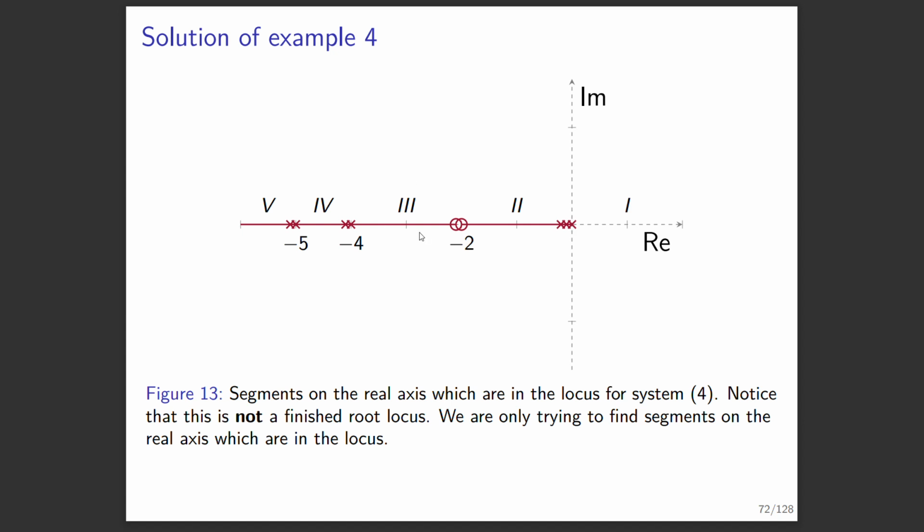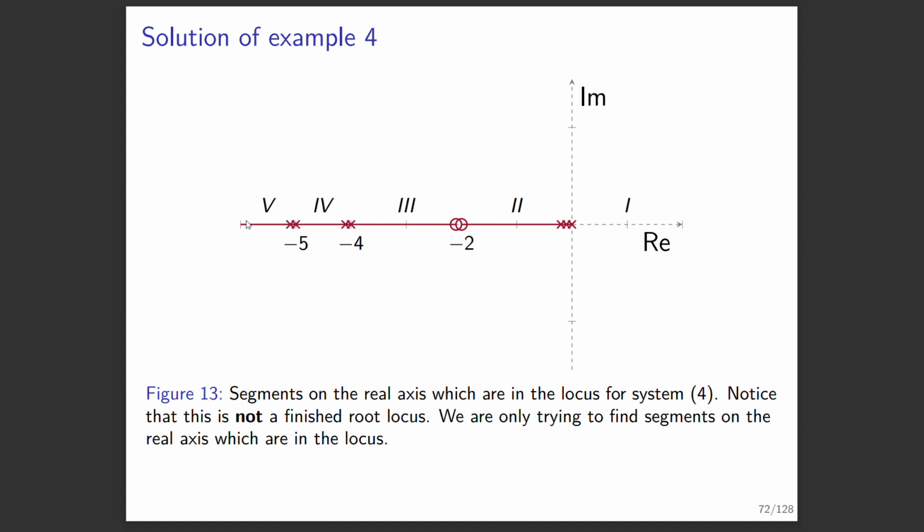Segment 3 has 2 zeros and 3 poles on the right hand side of it. 2 plus 3 is 5, it's an odd number, so this segment is in the locus. How about this segment? It has 2 zeros and 5 poles, so 5 plus 2 is 7, which is an odd number, so segment 4 is in the locus.